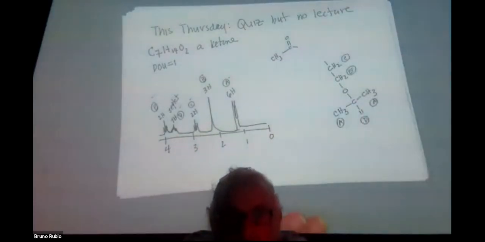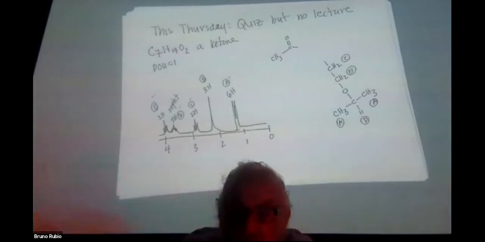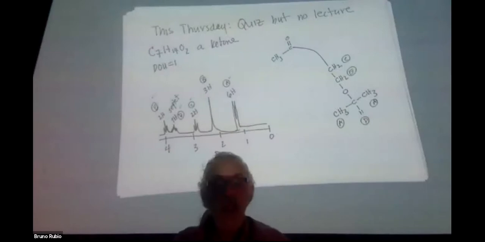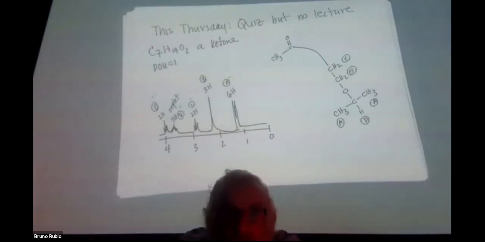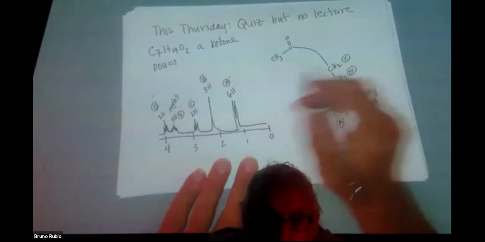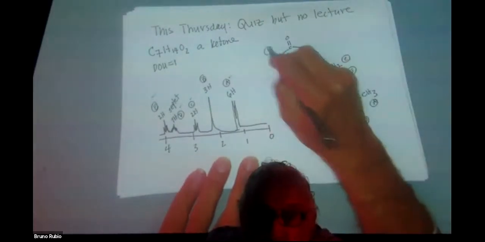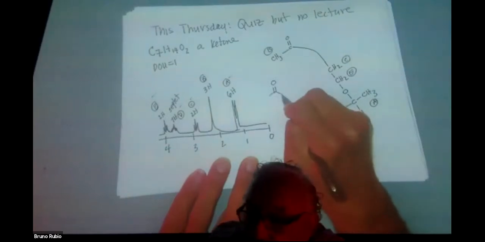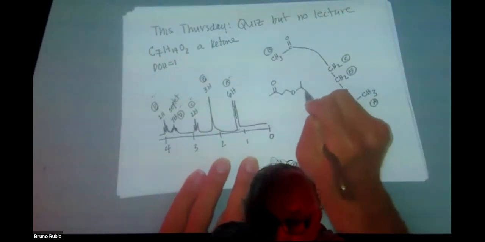I'm getting its location from the chemical shift. And so there are all of my pieces of the puzzle. So that's the structure of this molecule. This would be the B proton. So written out in a prettier way, maybe looking something like this.